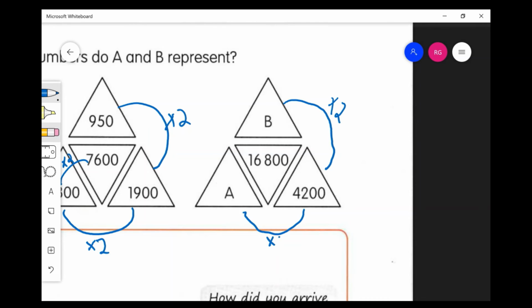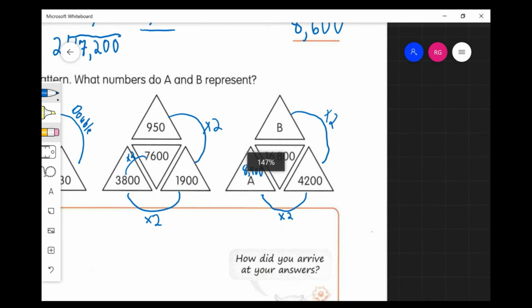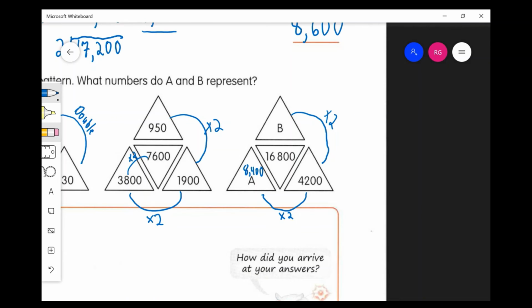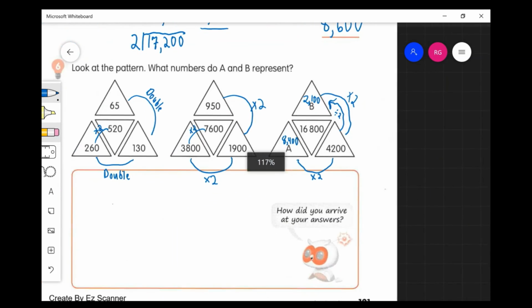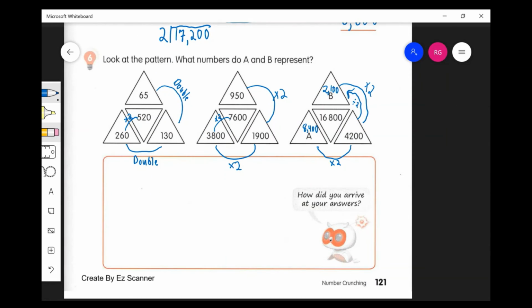If I take 4,200, I know I will get 8,400. So for sure that's A. So that's going to help us. For B we can just take half of 4,200. We're going to go the opposite direction, and instead of multiplying by 2, we'll divide by 2, and that'll give us 2,100. So we know the answer for A is 8,400.